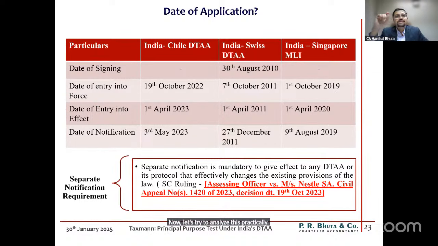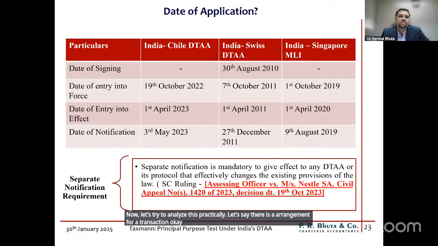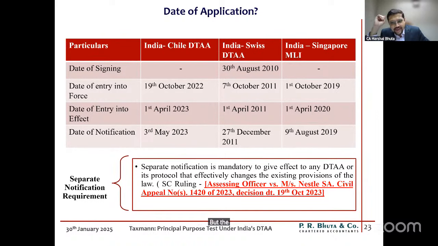Let's say there is an arrangement or a transaction that has taken place before 19th October 2022, but the tax benefit in that respect is arising as on today. Today is 30th January 2025. In that case, what will happen?